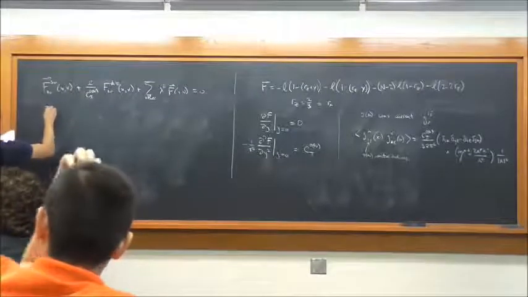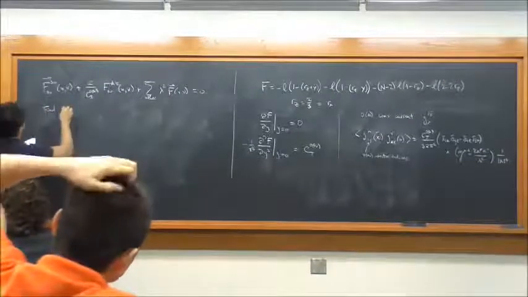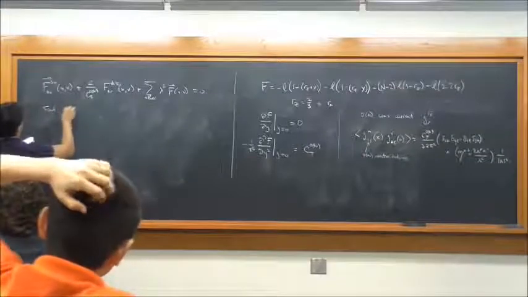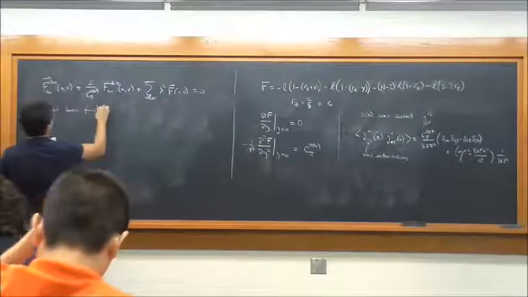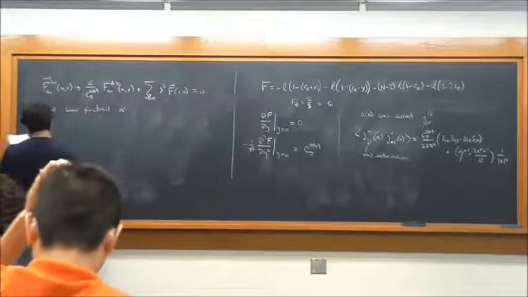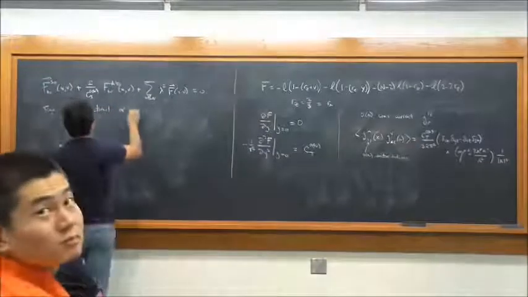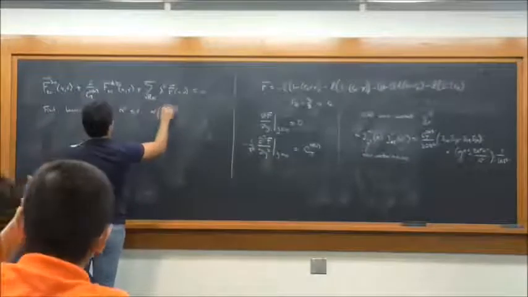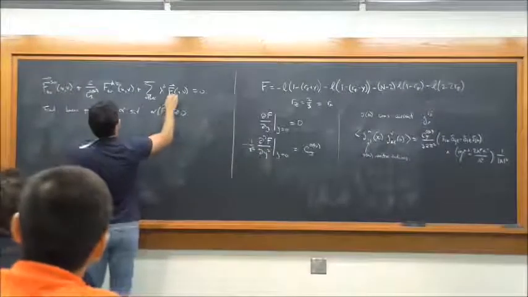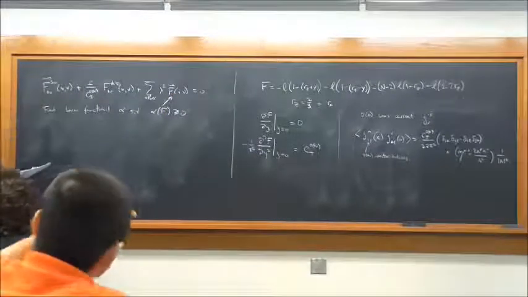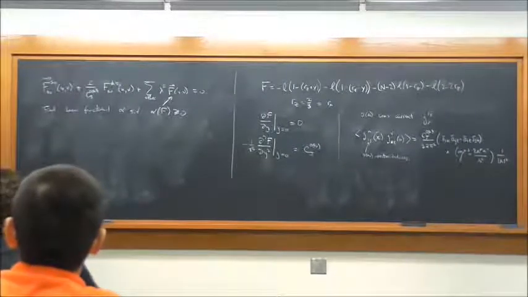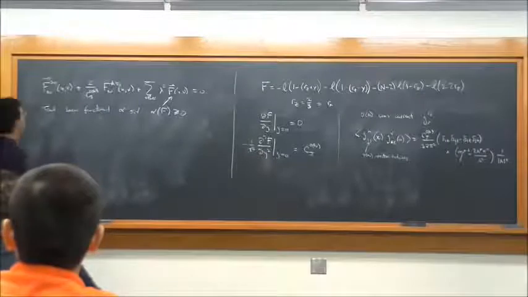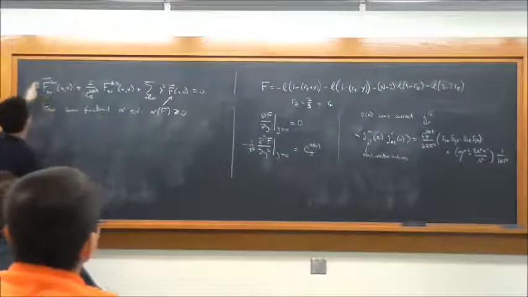And then the idea, and this is what's done numerically, is to find a linear functional alpha such that alpha of F is positive for all these guys, but not necessarily for the first two. And if we do that, we can apply this linear functional to the whole equation.